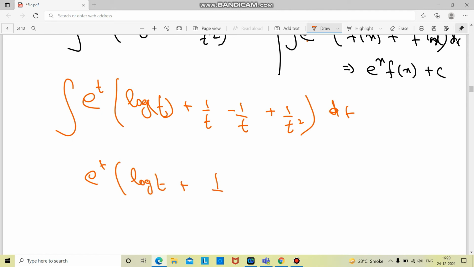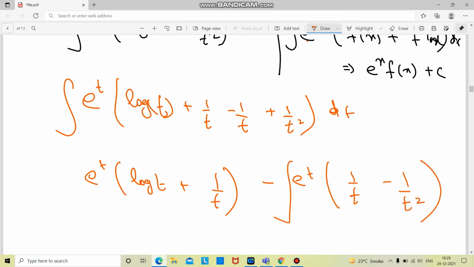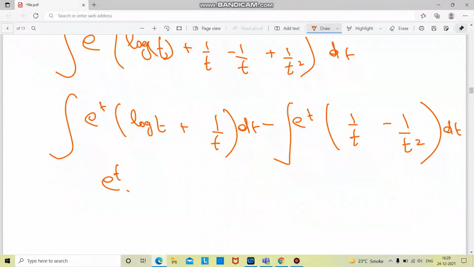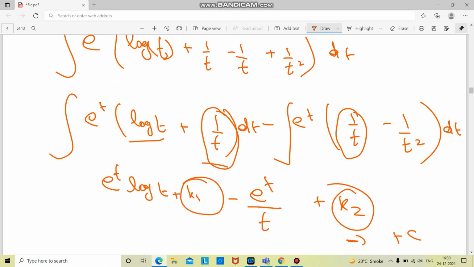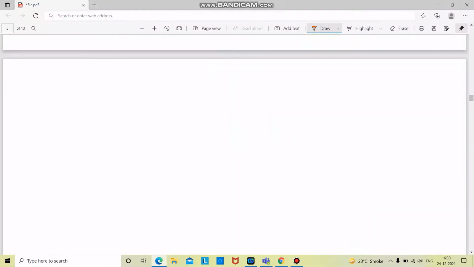Now minus will get common, and this is two different integrals which can be easily solved. This is e to the power t log t minus e to the power t by t, as log t differentiation is 1 by t and 1 by t differentiation is minus 1 by t square, plus k1 plus k2, and both will combine to get a constant c.